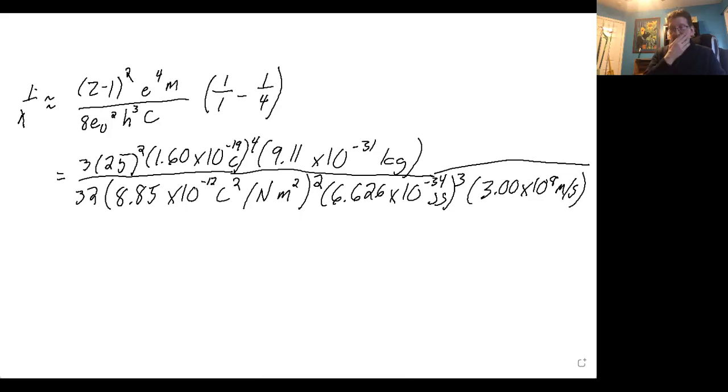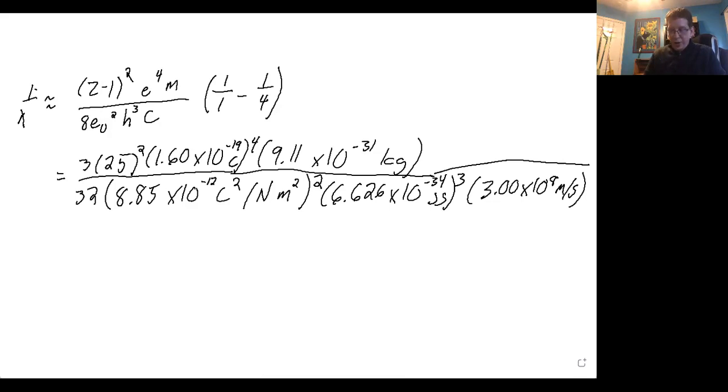All right, and don't forget to multiply by the mass of the electron, but you have to be careful not to go below 10 to the negative 100 with this. So divide by 6.626. Okay, and then divide by the speed of light.